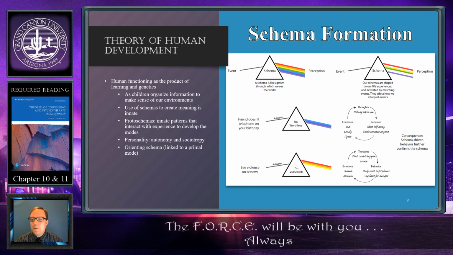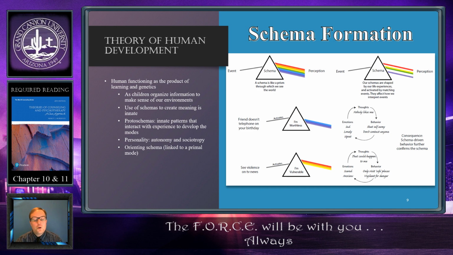Let's look at some examples here. At the top of the image, we have the event and then the schema and then the colored lines coming out. A schema is like a prism. It causes a refraction of the light and breaks the light into its isolated colors. We want to have those positive colors in our schemas.